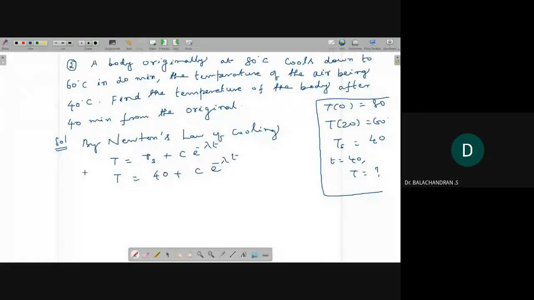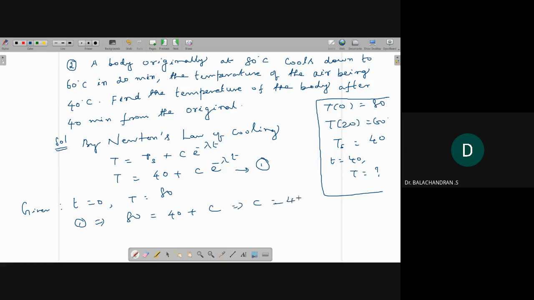Now what is given at t equal to 0? Capital T is 80. So, equation 1 implies 80 equal to 40 plus C into e power 0.